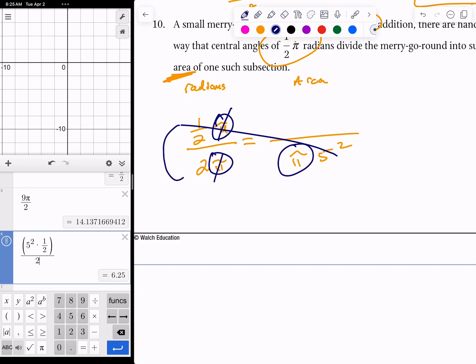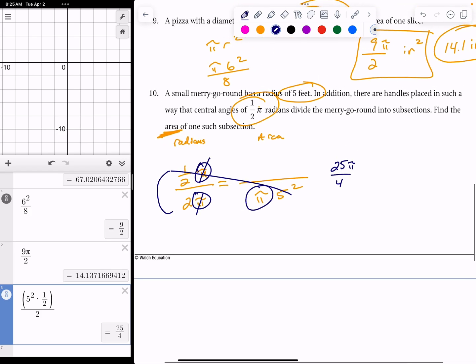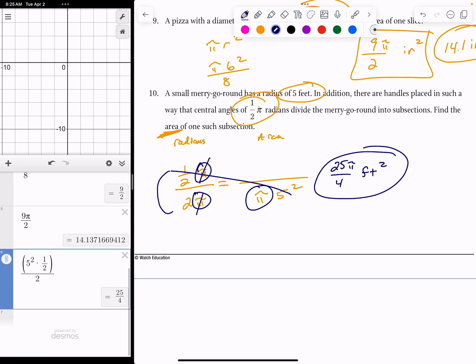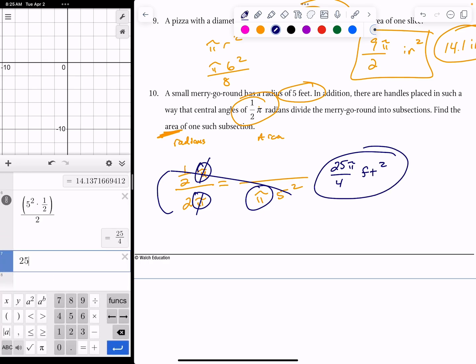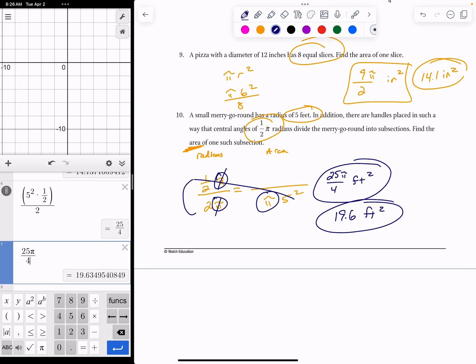Make it a fraction: 25 pi over 4 feet squared. And then 25 pi divided by 4 is 19.6 feet squared.